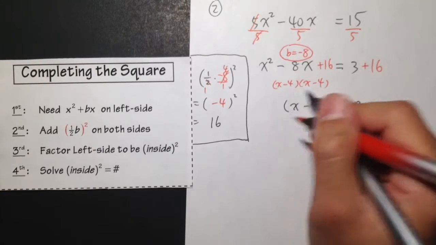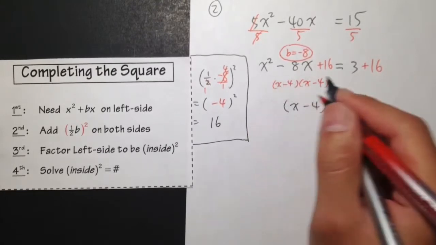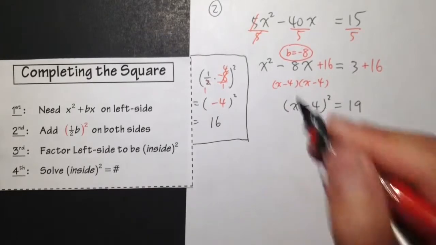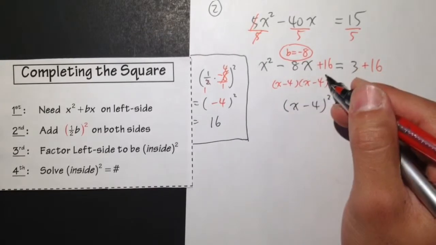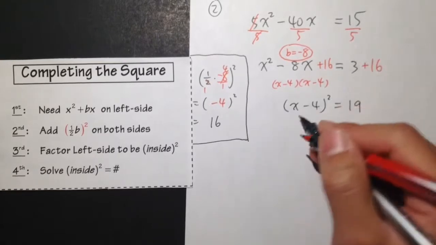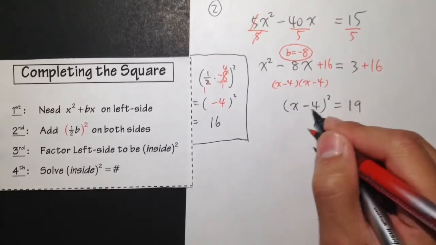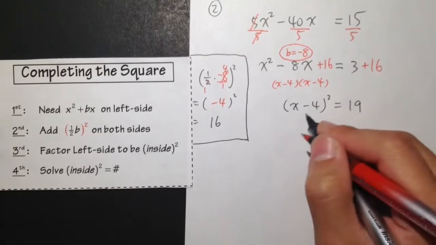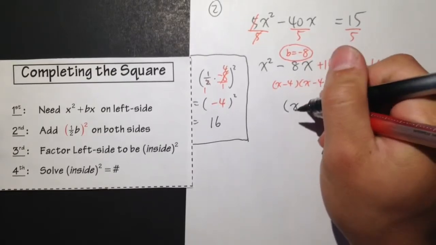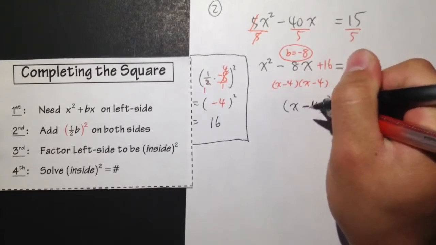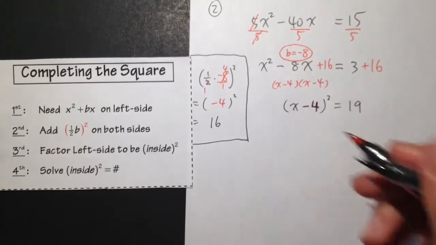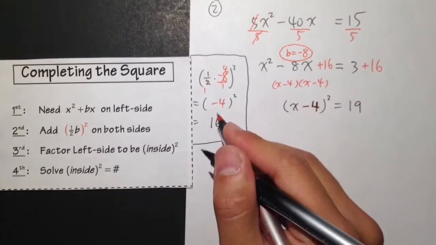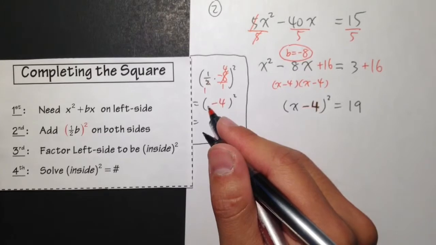So you can just do this to ensure that this is actually factorable, to double check. It's always good to double check. And the more you do this kind of question, you'll then notice when you have x minus 4, you actually see this 4. You actually see this negative 4 already. This negative 4 right here, it's exactly the same number as what you have inside of these parentheses, okay?